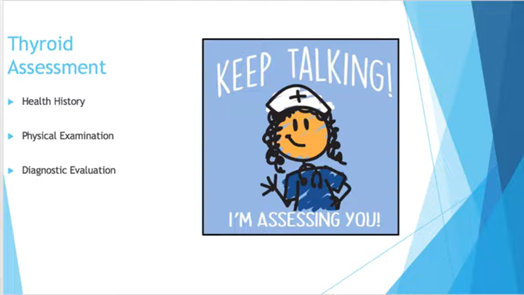You want to assess for any paresthesias, any muscle aches or pain. You want to look at their eyes, right? Do they have bulging eyes? Do they have a goiter? Basically, you want to look for any physical signs of thyroid disease.